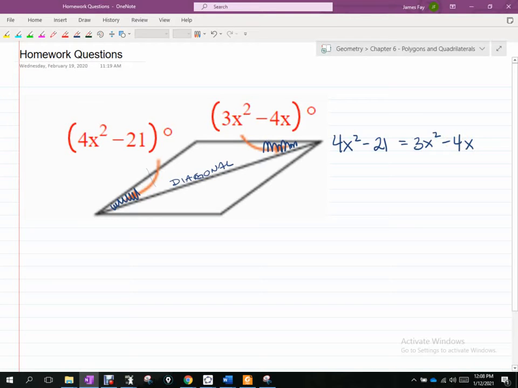Okay, now if we look, that is what we call a non-linear equation. We've seen these before, but it's non-linear because if I were to graph those, we don't get lines, we get parabolas. Okay, do you guys remember how you solve non-linear equations?